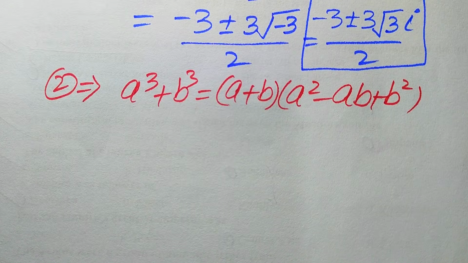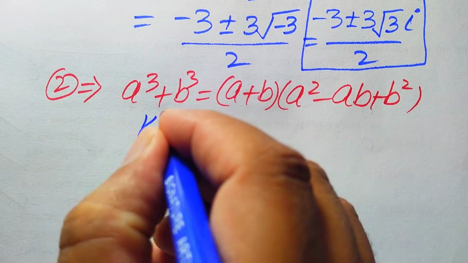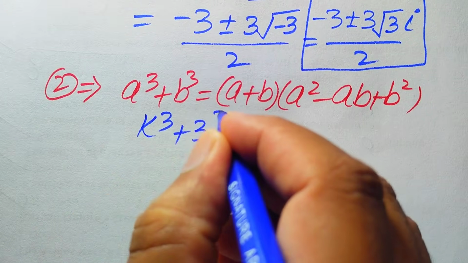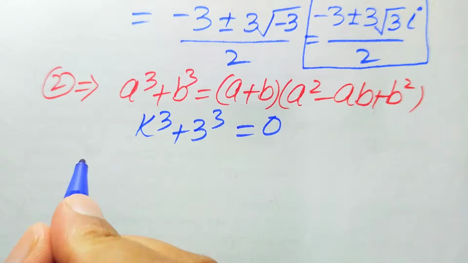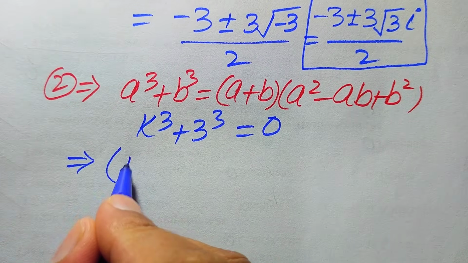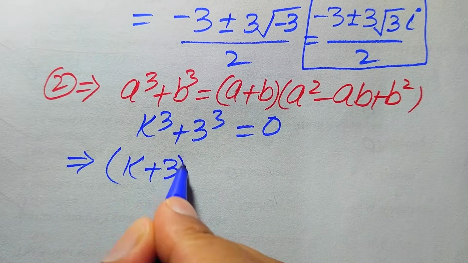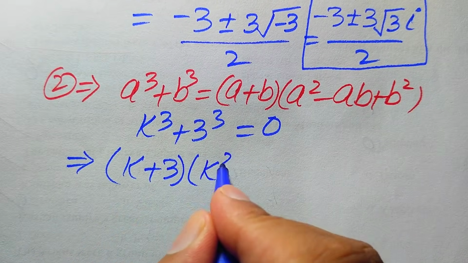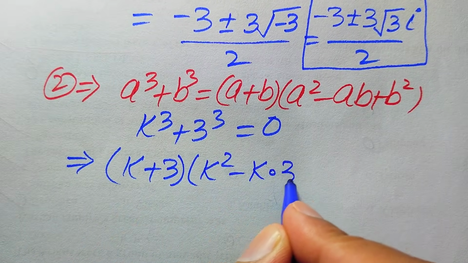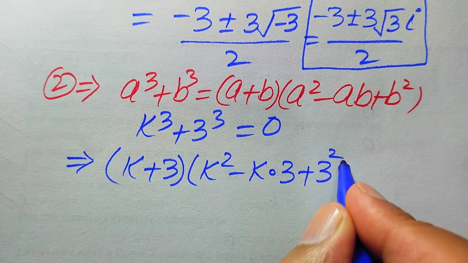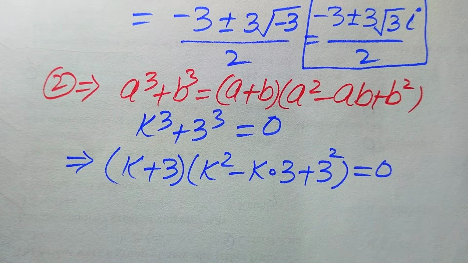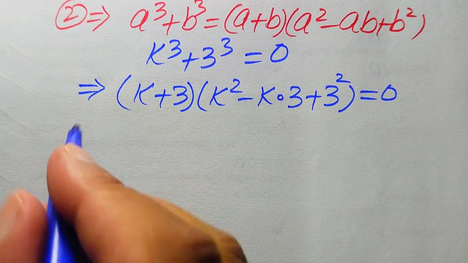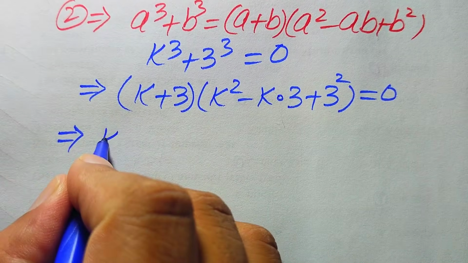According to this formula, we simplify equation number 2 as, first we copy down here, k cubed plus 3 cubed equals 0, and now we apply the above formula here and we get k plus 3 times k square minus k times 3 plus 3 square, and this whole equation equals 0. And now we divide this equation into two cases.